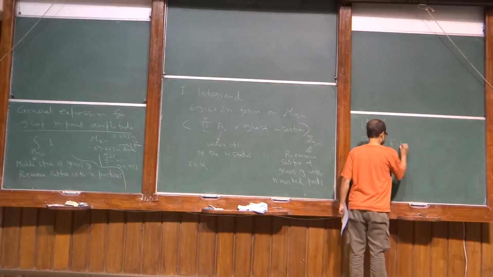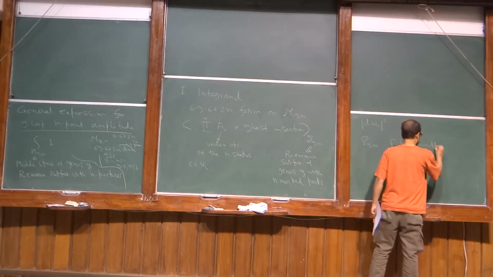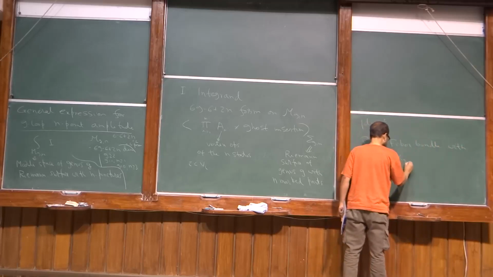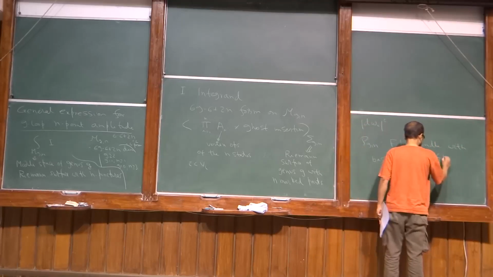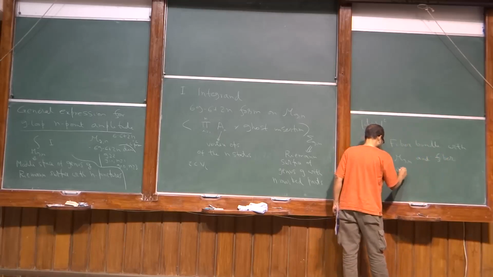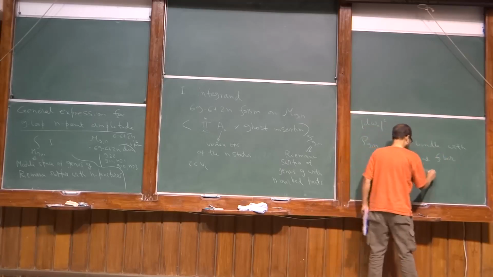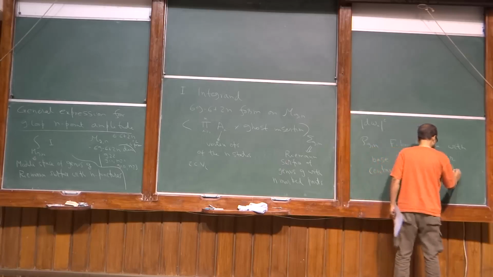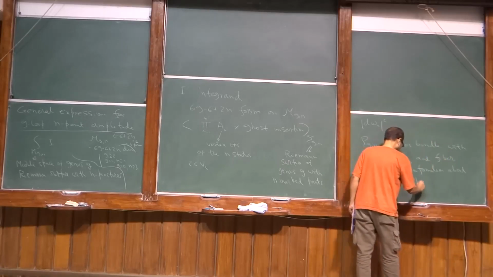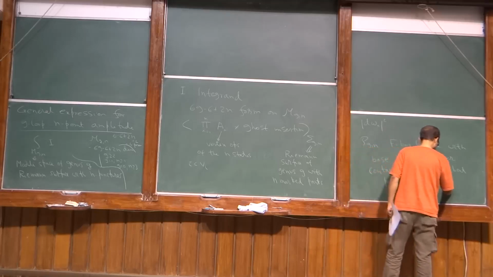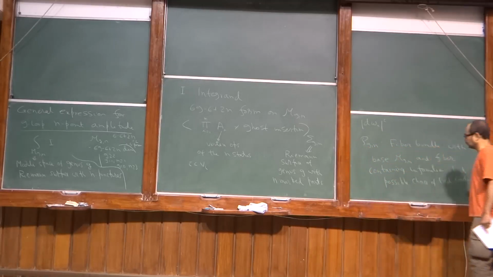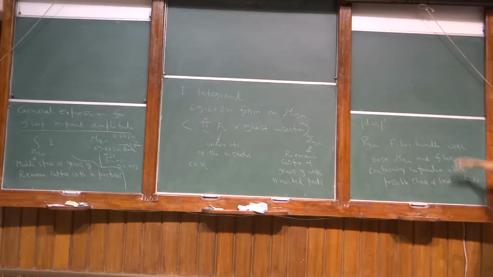So this is a fiber bundle with base MGN and fiber containing information about possible choice of local coordinates. So the fiber is infinite dimensional.